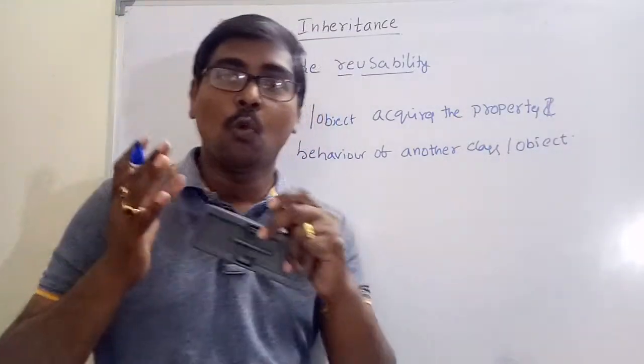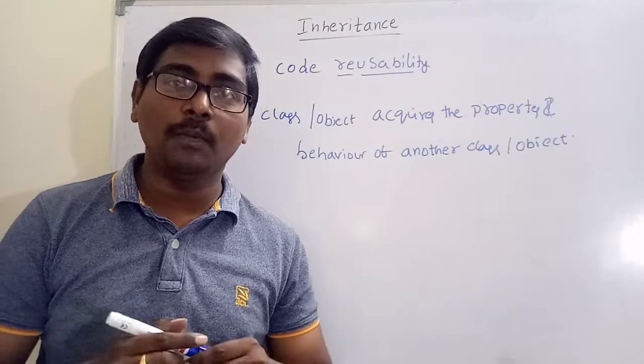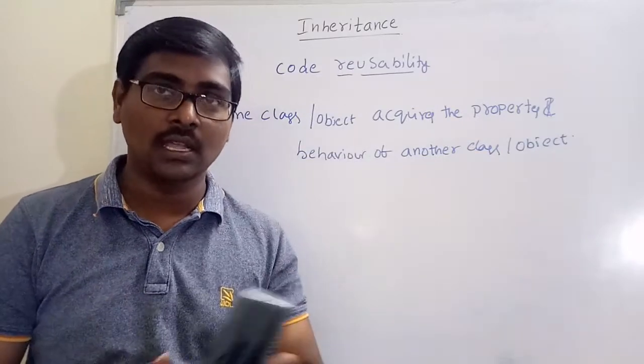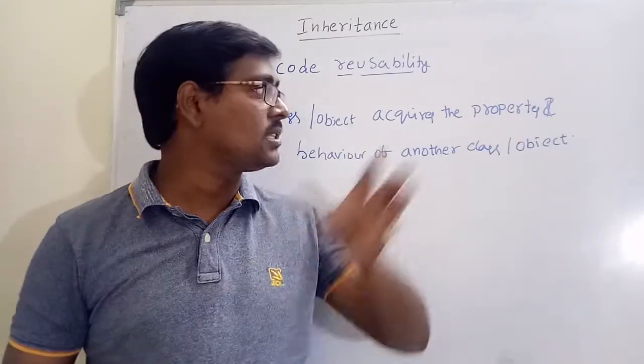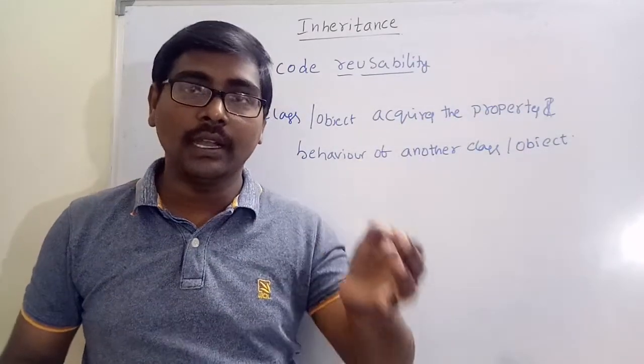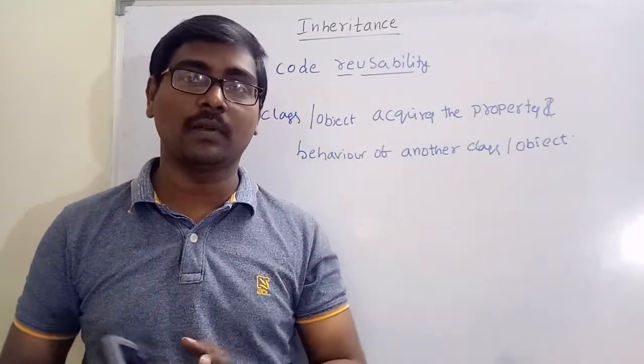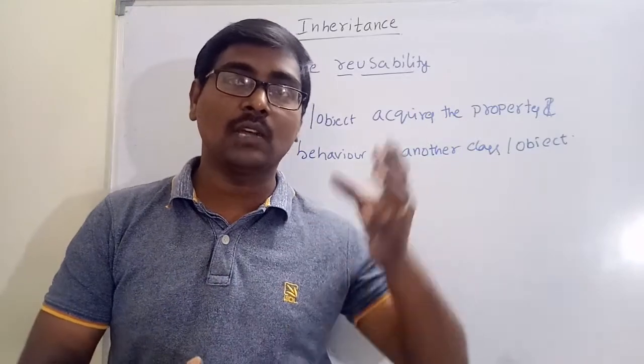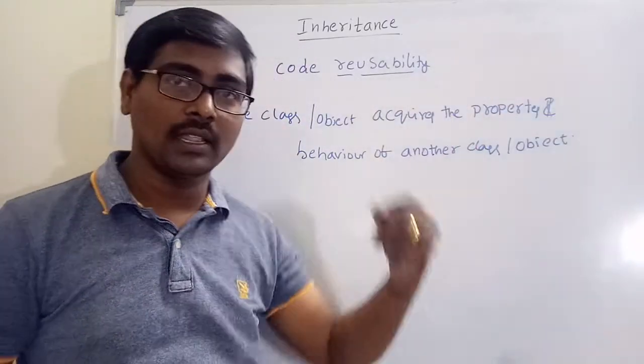Inheritance means one class acquires the properties and behavior from another class. Simply, the properties are called data members, and behavior is called member functions. Here one class acquires the total information of another class.